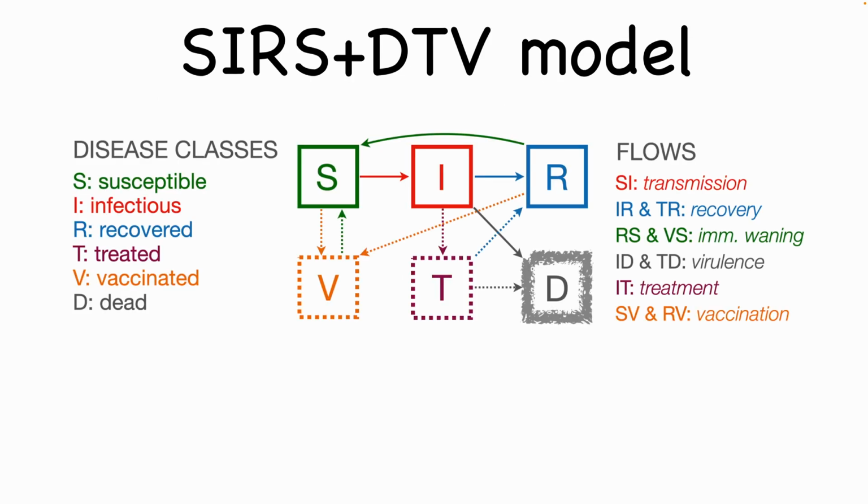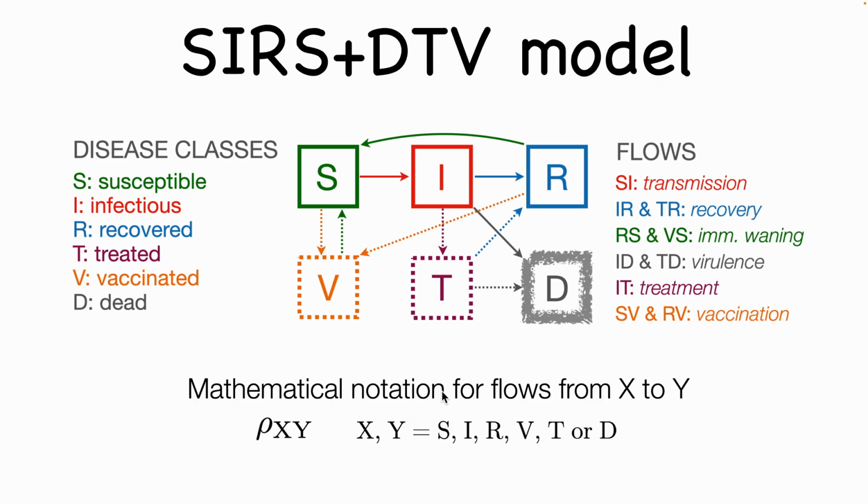The SIRS+DTV model is an extension of the regular susceptible, infectious, recovered model with treated, vaccinated, and dead classes added to it.